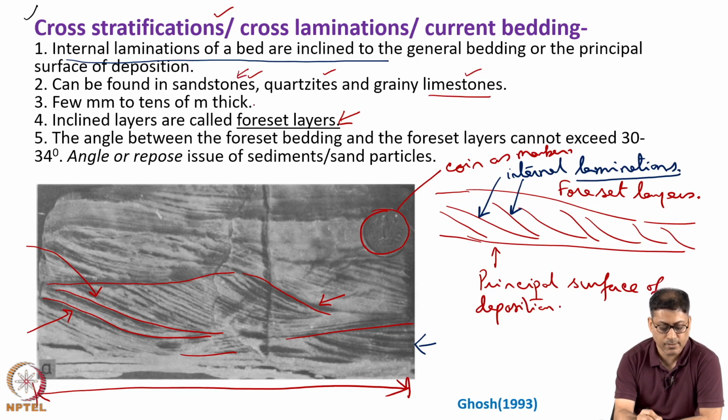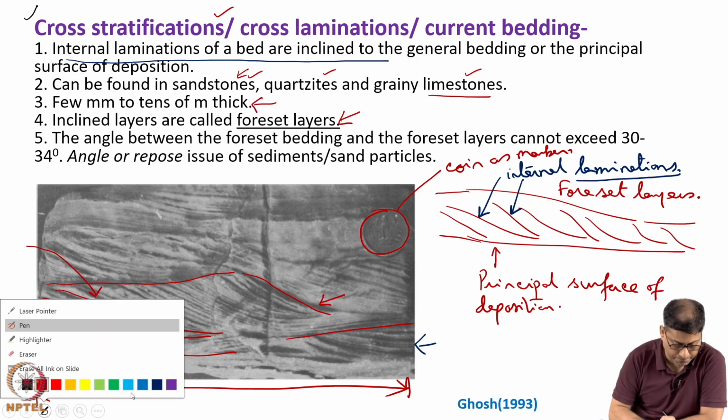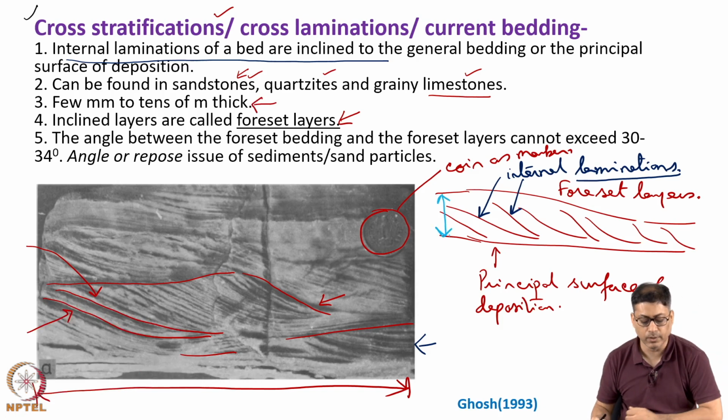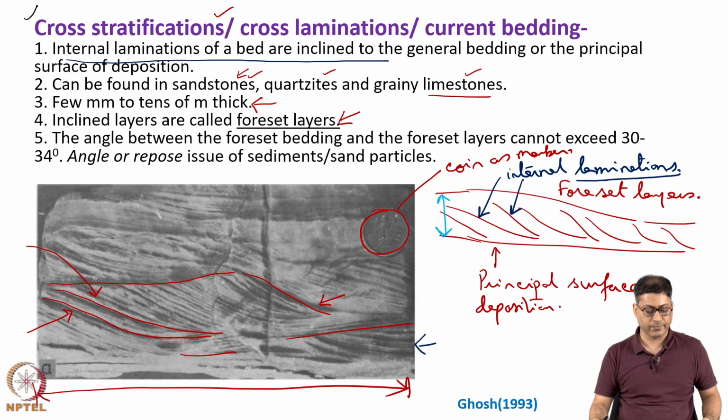Now, the thickness of these units can be a few millimeters to tens of meters. Which thickness are we talking about? We are talking about this thickness, which can be a few millimeters or a few meters.